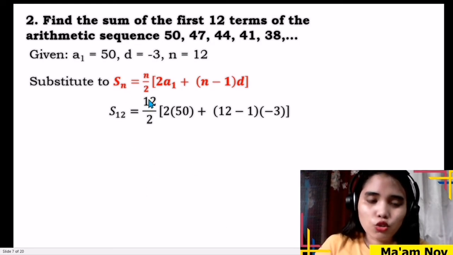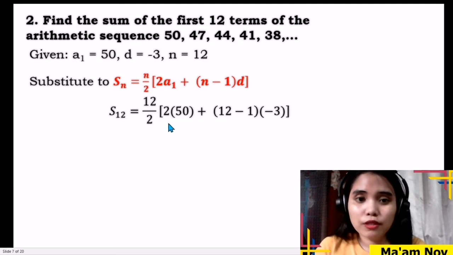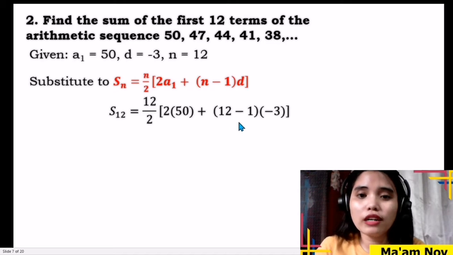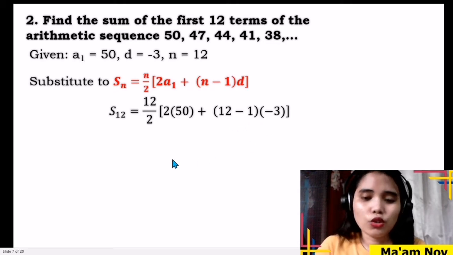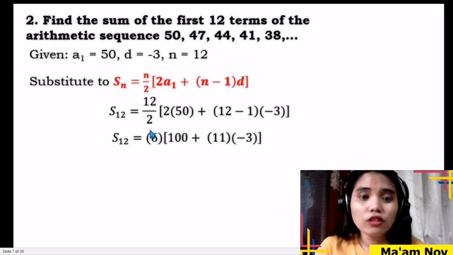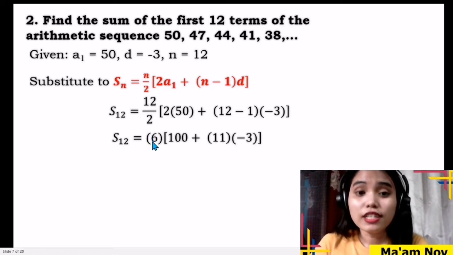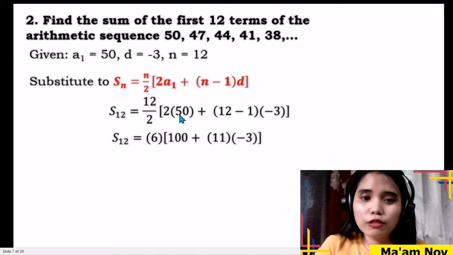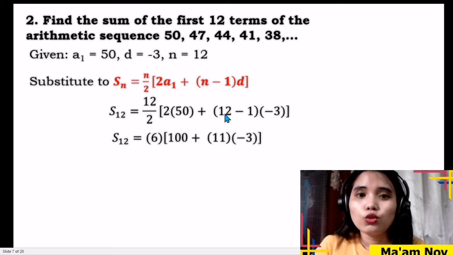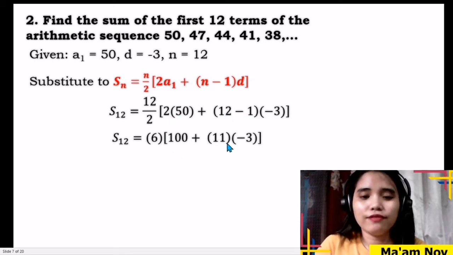So we have 12 over 2 times the quantity of 2 times what is our first term? 50 plus our n is 12 minus 1 times our common difference is negative 3. So 12 divided by 2 is 6. 2 times 50 is 100. 12 minus 1 is 11.